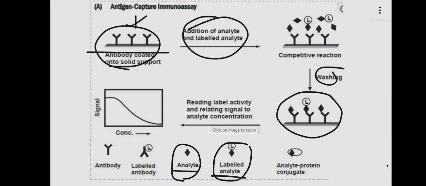So the important thing to note is that they bind relative to their proportions. So if you have 20% of the analyte bound on the fixed antibodies, then 80% will remain in the washing.